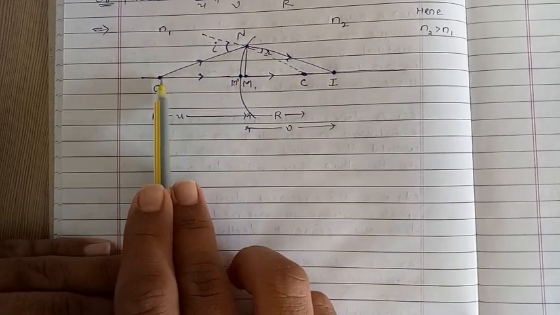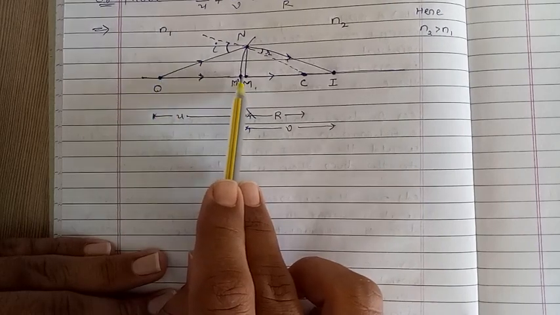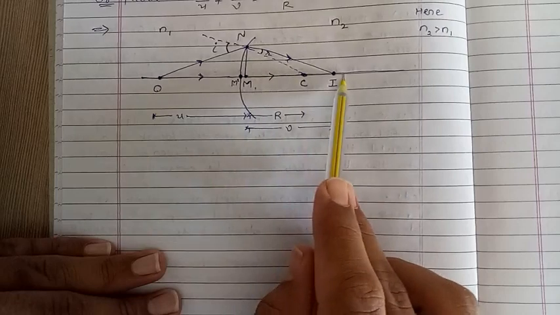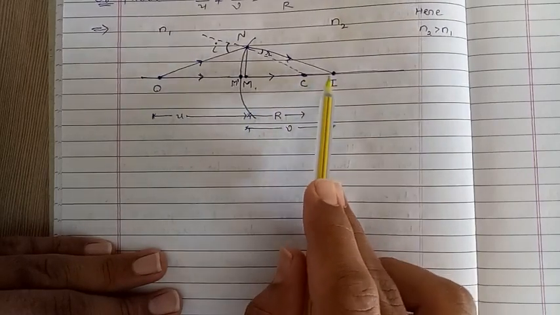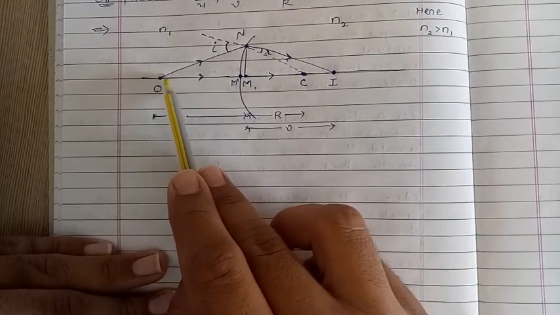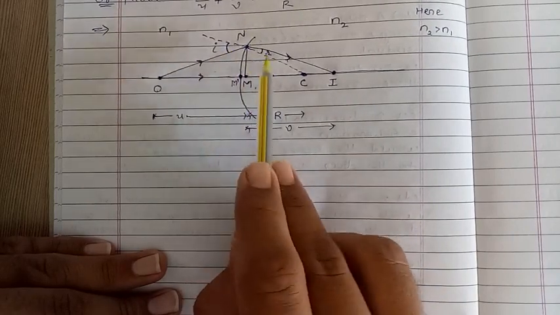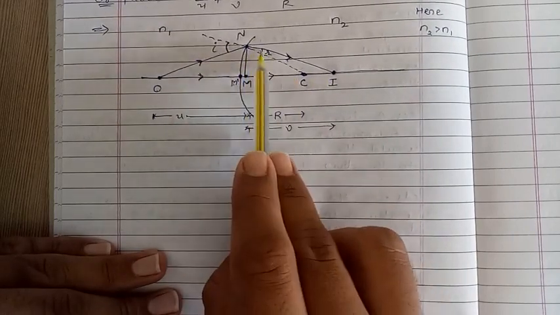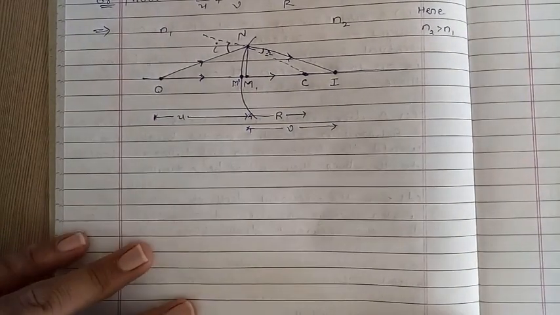And we take another ray from object O incident at point M. So this ray passes like this. So these two rays meet at this point, so here this is an image of object O. Here this is the incident ray and normal, so this angle is angle of incidence. Refracted ray and normal, so this is angle of refraction, right?